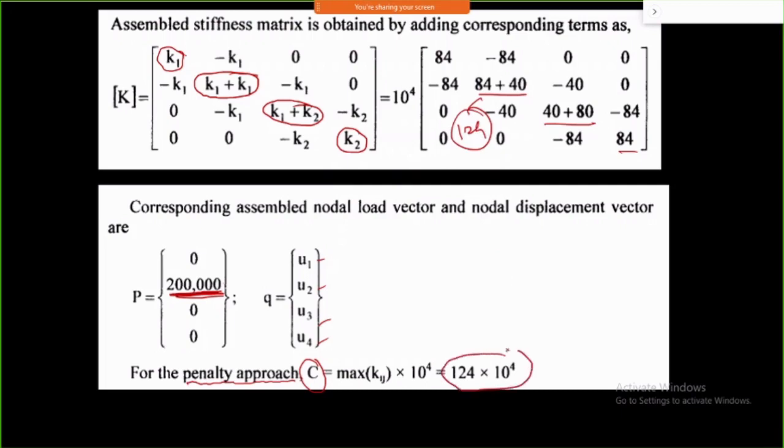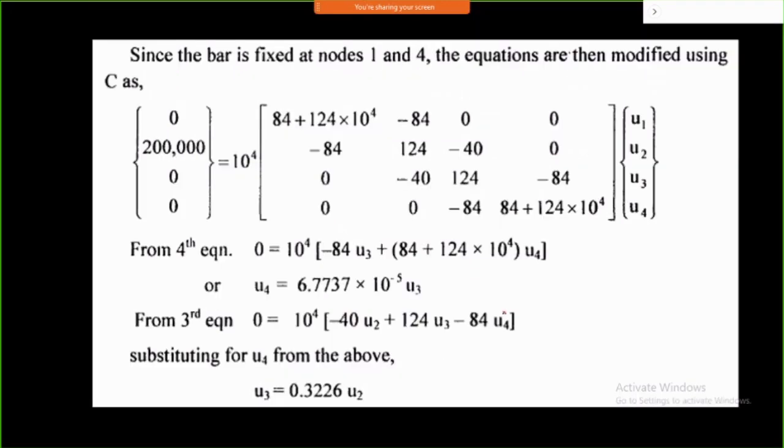This is the maximum of the stiffness values of the elements. Identify it. Now, most of the time we find a difficulty with what this number is to be added, so that is what is considered.